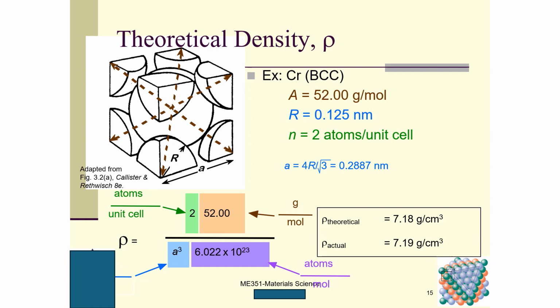For chromium, A equals 52 grams per mole. The atom is very, very small. If we calculate the mass or weight of each individual atom, we always need to carry a very huge number, 10 to the power of negative something, right?